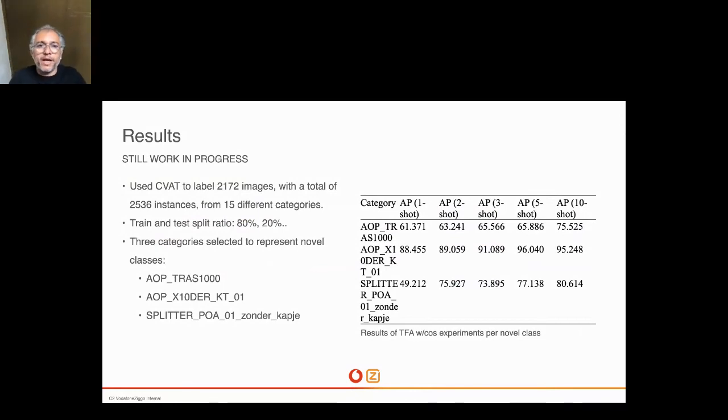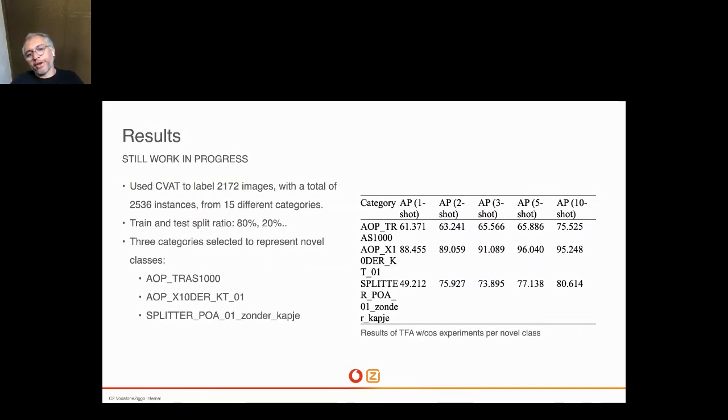From all those images, we had around 2,500 instances, because sometimes one image had two objects, like the socket plate and the splitter. So that's 15 categories, having only socket plates and splitters, but different socket plates and different splitters. We can see on the table on the right the categories that we had.